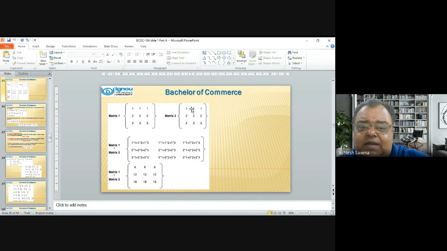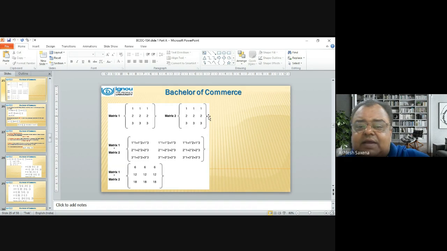2 into 1 plus 2 into 2 plus 2 into 3. Here it is. Again, 2 into 1 plus 2 into 2 plus 2 into 3, and again the same. Similarly, for the third row, move this way, come down, and again move this way and come down. 3 into 1 plus 3 into 2 plus 3 into 3, 18.